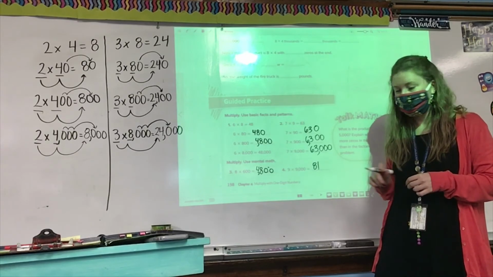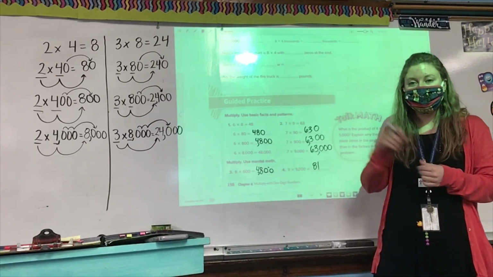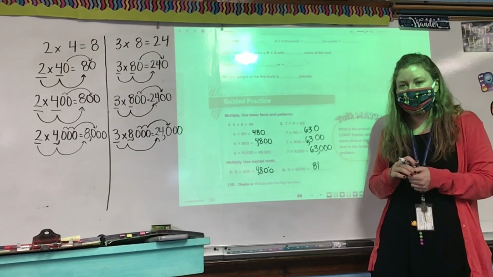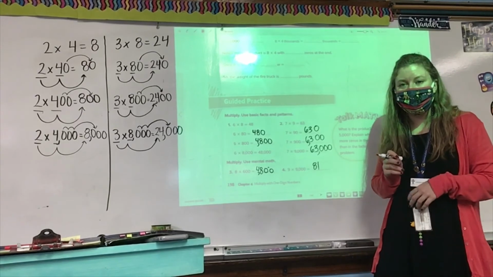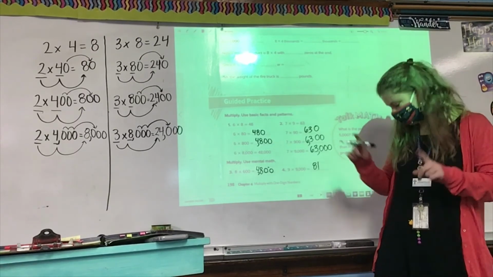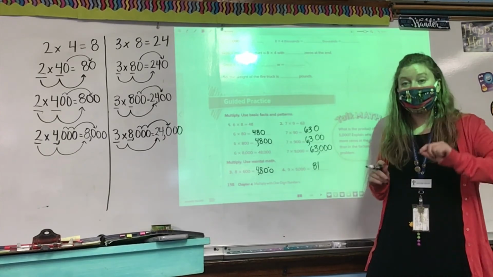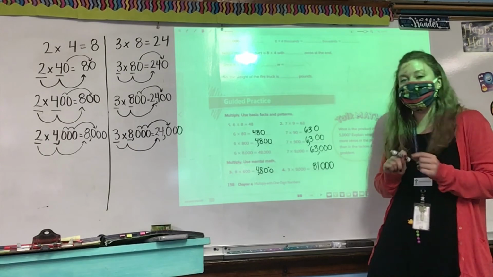Count the zeros at the end of the factors. How many zeros do we have at the end of the factors? 3 zeros. So step 4 is to move the zeros over to the product. Good, nice catch. Move the zeros to the end of the product. Now the unwritten step 5.